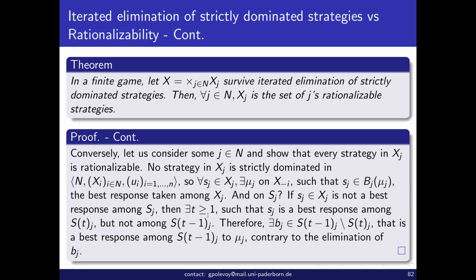No strategy in Xj is strictly dominated in the game which we obtain at the end of the iterated elimination of strictly dominated strategies, because it's a maximal sequence of iterated elimination. No one being strictly dominated means that for any strategy sj, there is some belief mu j such that sj is the best response to the belief among Xj.